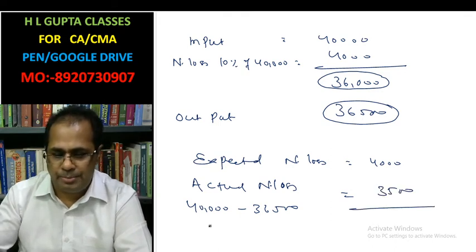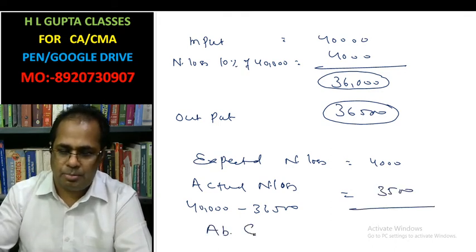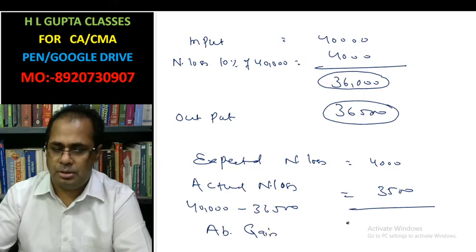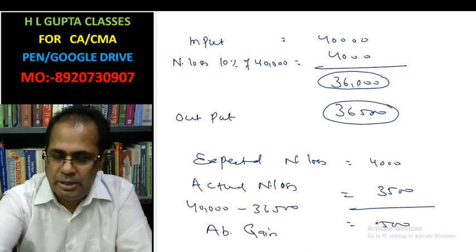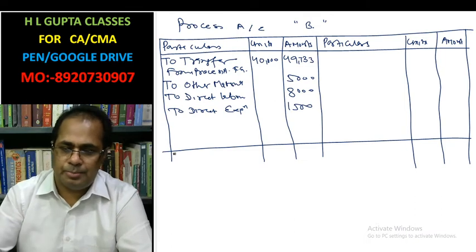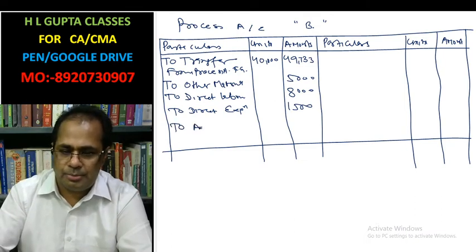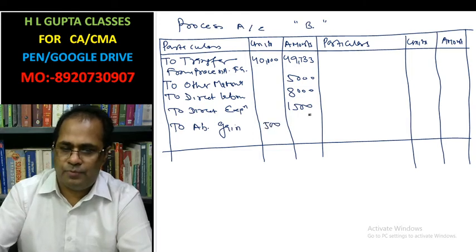It means abnormal gain, you have 500 units. In this case, you have to write abnormal gain 500.